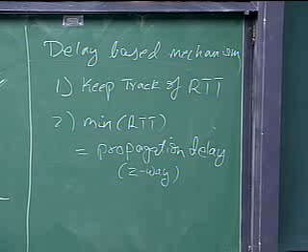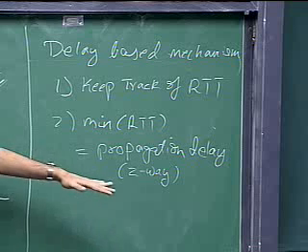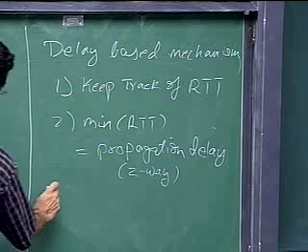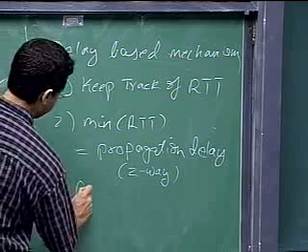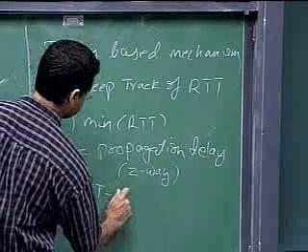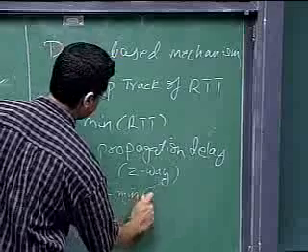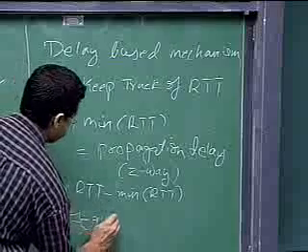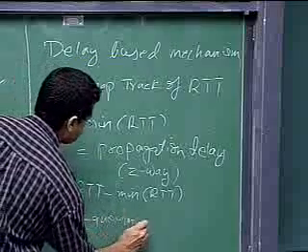You'll have many different samples of round trip time, and the minimum of those samples is going to be the propagation delay, because you assume that in your minimum you encountered no queuing delay. Okay? So then RTT minus the min over all RTT is roughly the queuing delay.